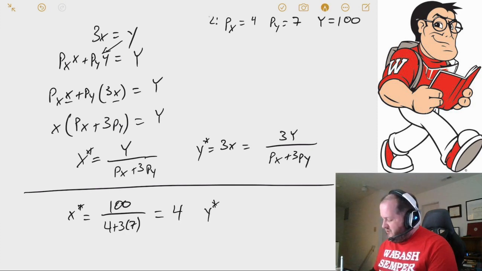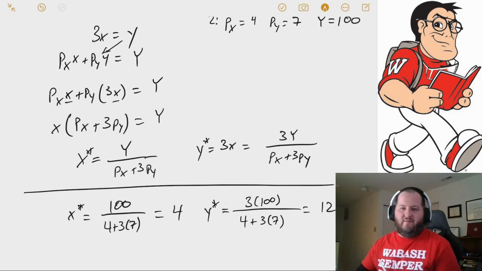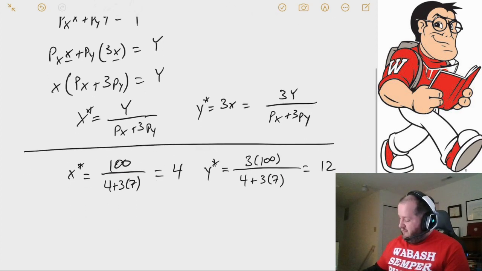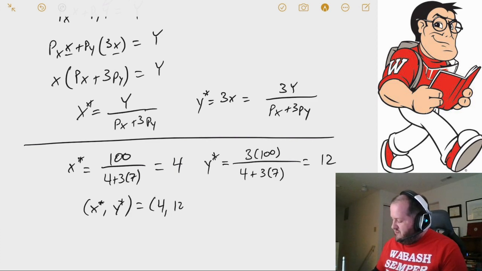Y star, which of course I know is 3 times x, but still, should come out as 12. 3 times 100 over 4 plus 3 times 7. So that's 300 over 25, which is, of course, 12. And that's it. Our equilibrium bundle, (x star, y star), is (4, 12).